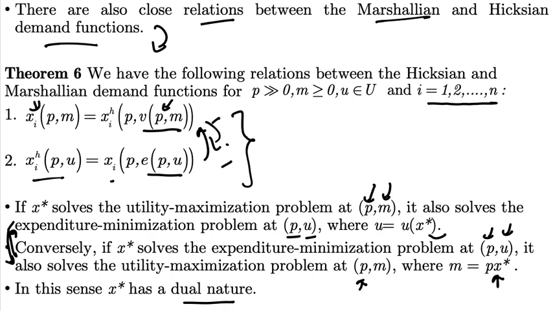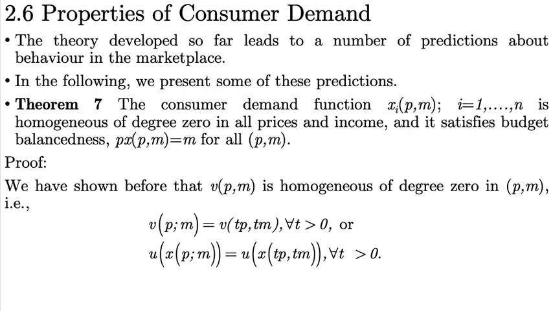All right, the next thing is we want to look at the properties of consumer demand. Remember, we have Marshallian and Hicksian demand. When we talk about the properties of consumer demand, we have some theorems here. Let's look at theorem number 7. The consumer demand, which is the Marshallian demand function of prices and income for good i from 1 until n, is homogeneous of degree 0 in all prices and income.